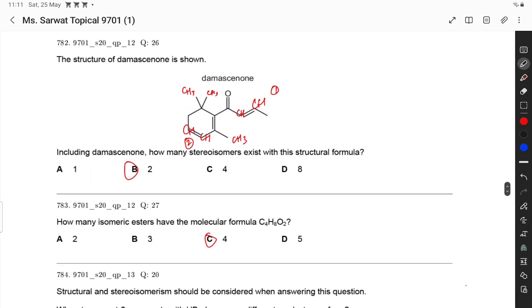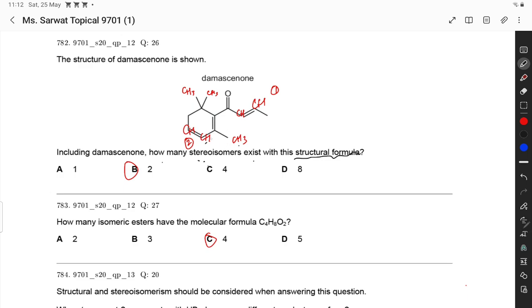The structure of damascone is shown. Including damascone, how many stereoisomers exist with the structural formula? Stereoisomers: the double bond, this is different and this is different.